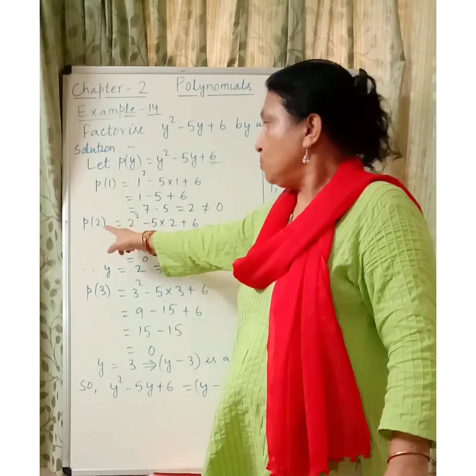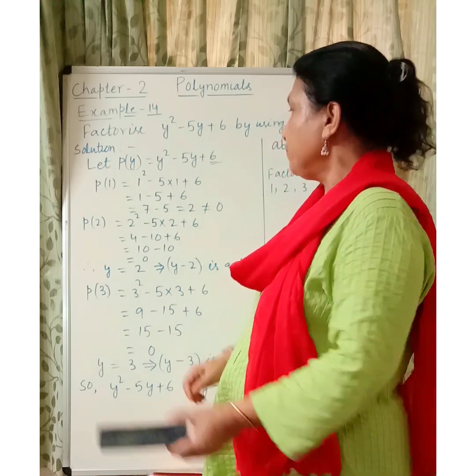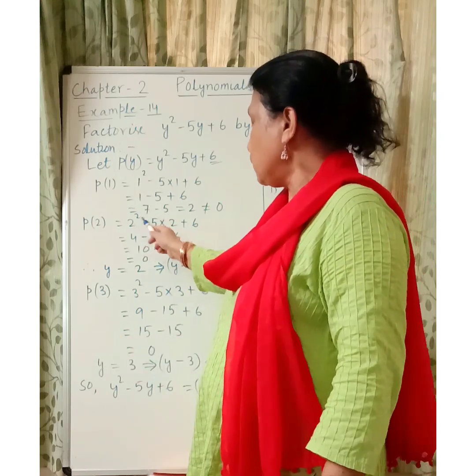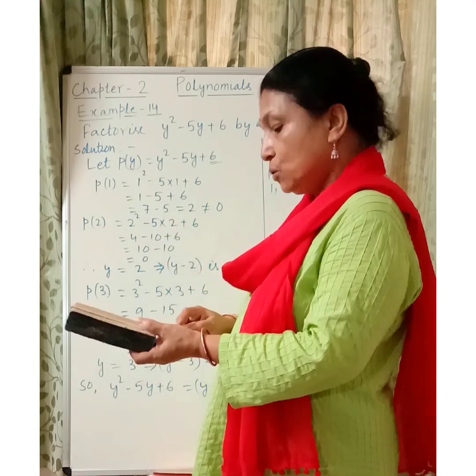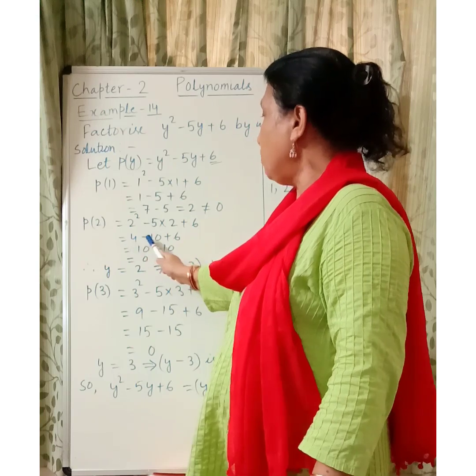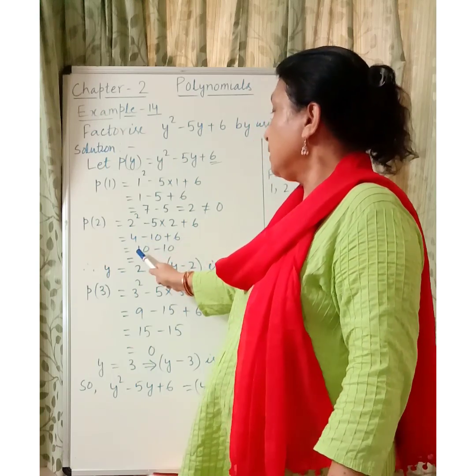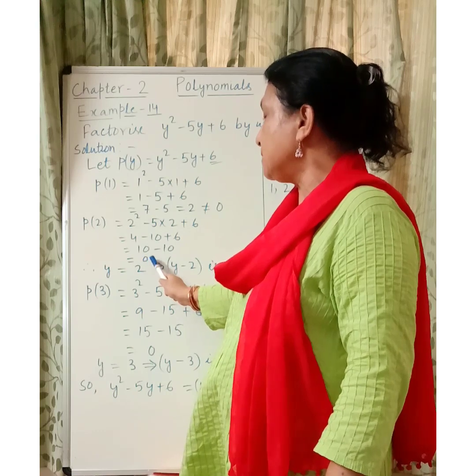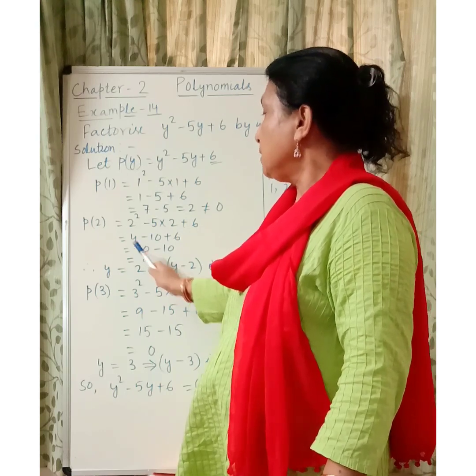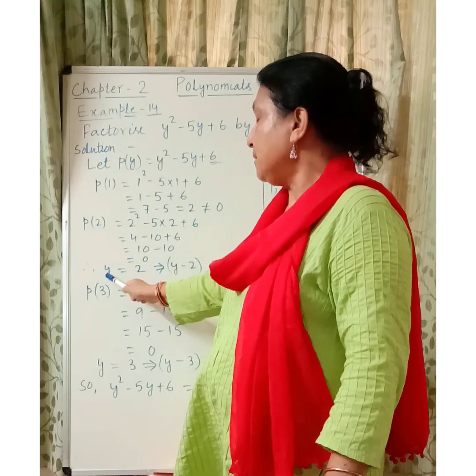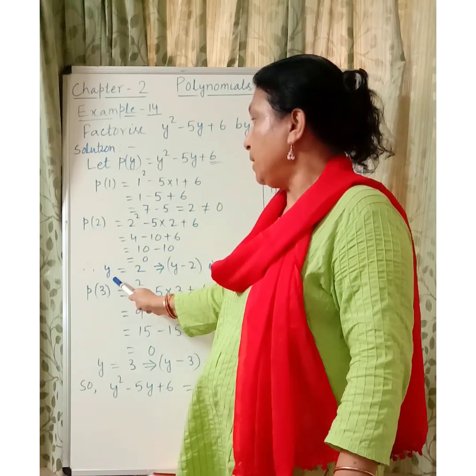Now taking 2 as the value of y, we have substituted 2 for y, so it is 2 square minus 5 into 2 plus 6, which becomes 4 minus 10 plus 6, that is 10 minus 10 is 0. So we are getting the remainder as 0. That means y value 2, we can take the zero of the polynomial as 2.